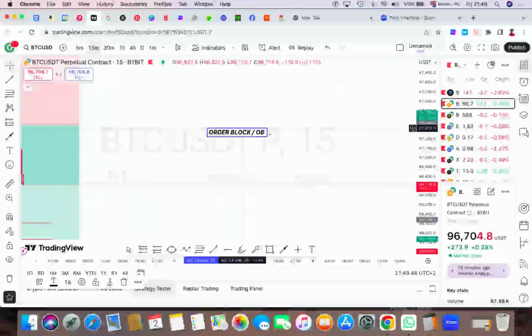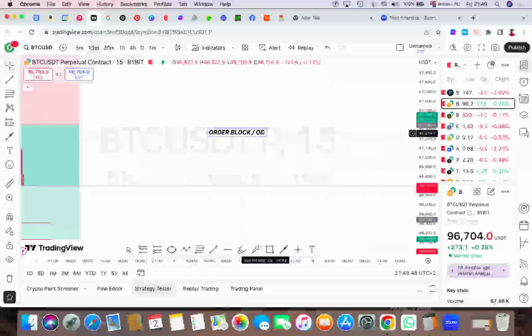Like Mr. Abdullah was explaining just now, before his network was misbehaving, an order block is where institutional traders, the banks or hedge funds, place their orders.